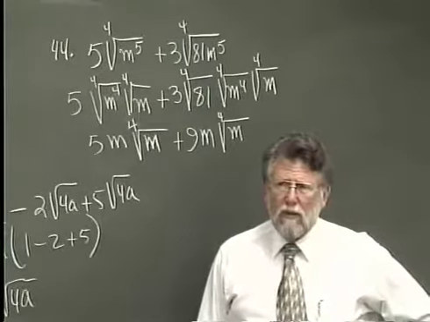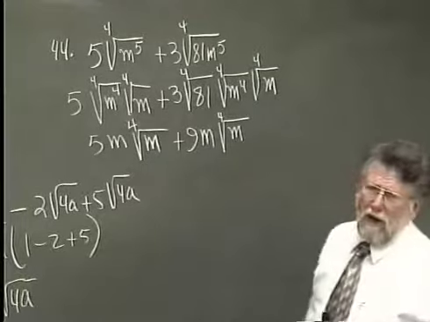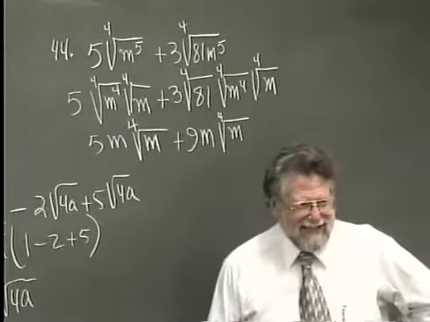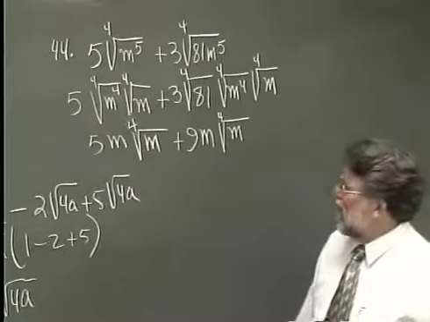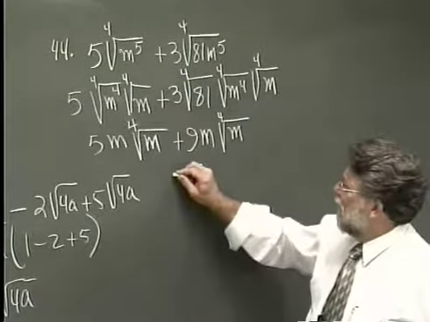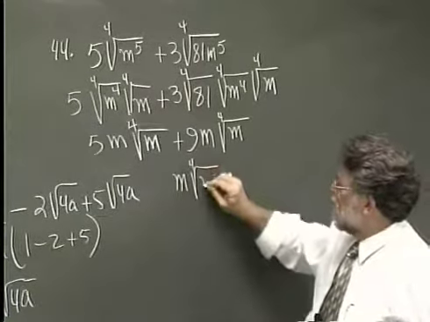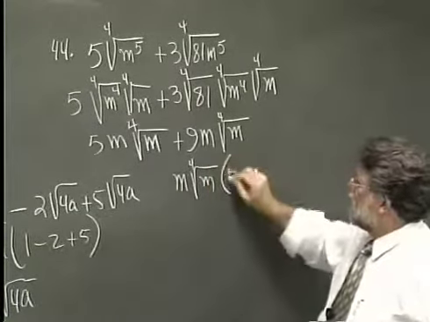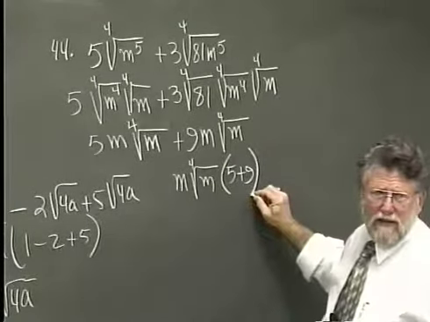Because now I got common stuff. I don't know if you want to do this as factoring. I hope you're comfortable in saying m, the fourth root of m, times 5 plus 9. Do you see that?